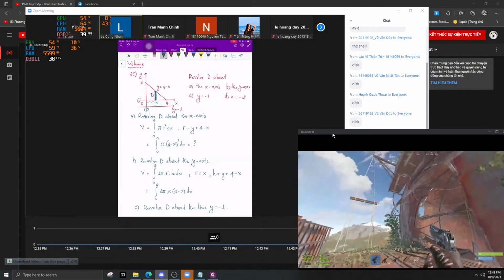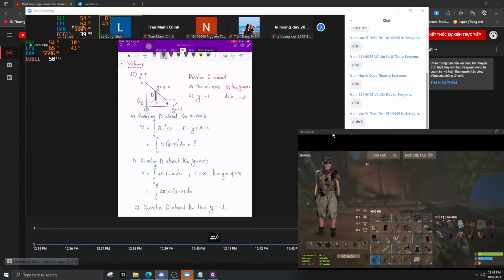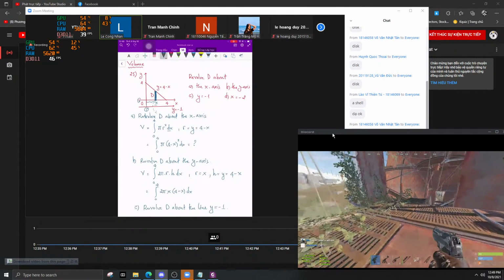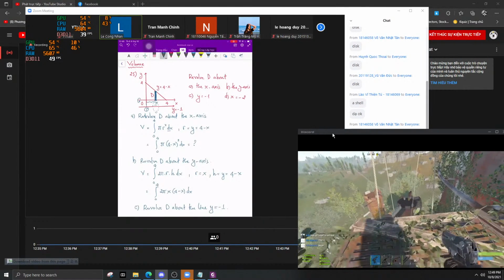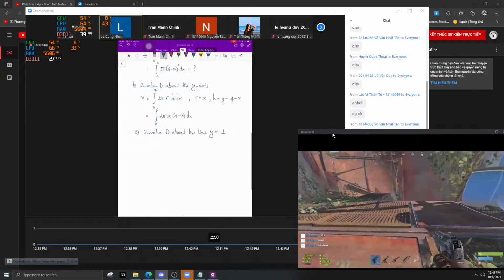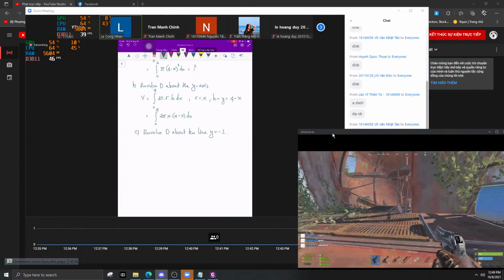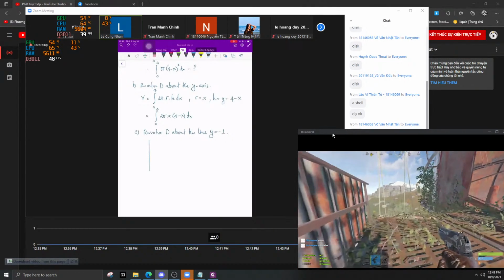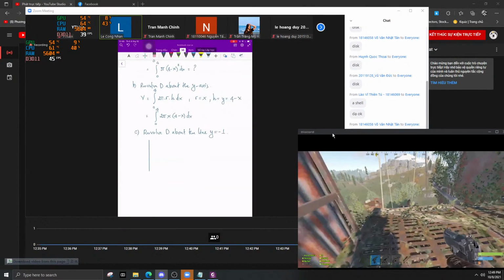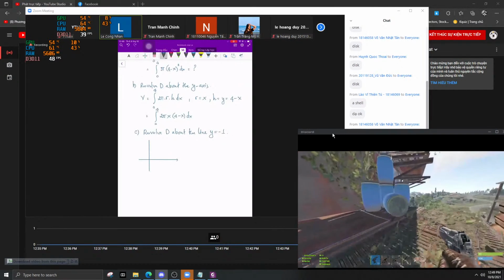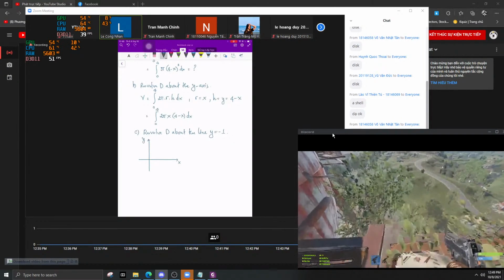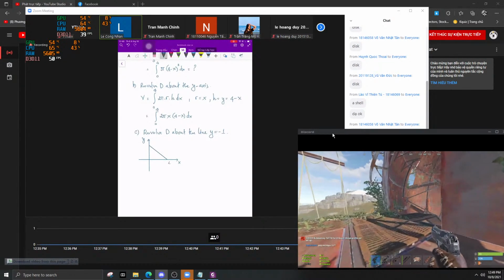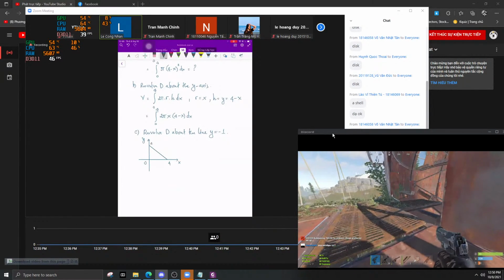Why? Let me draw the picture again. We have the x-axis and y-axis, with the line y equals 4 here and 0 here.